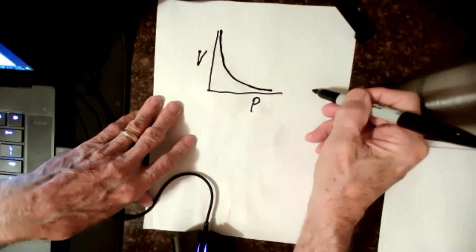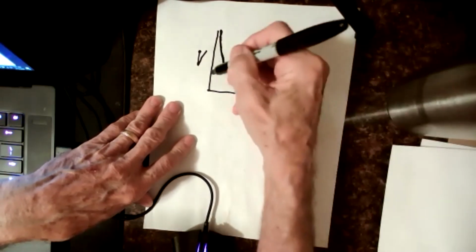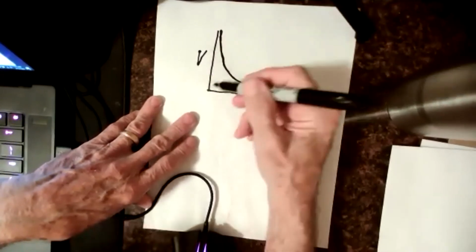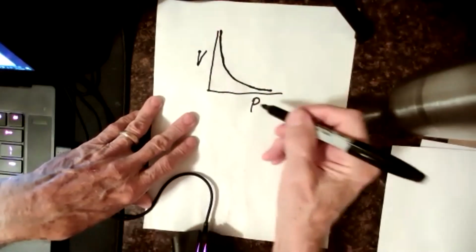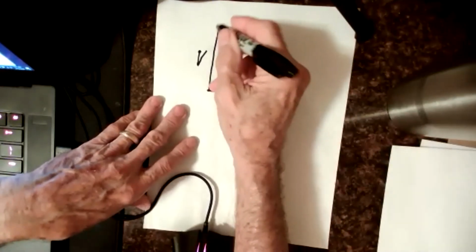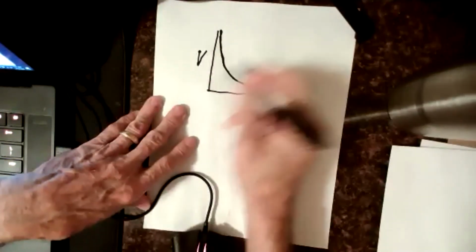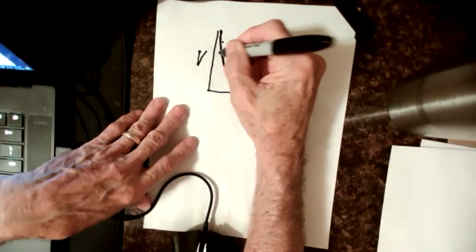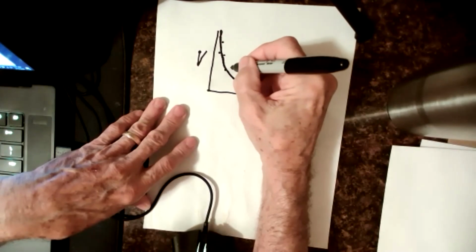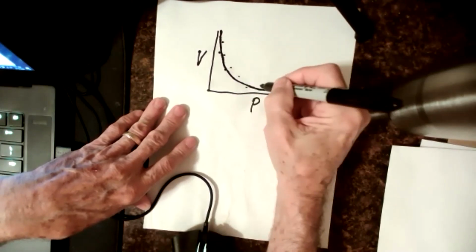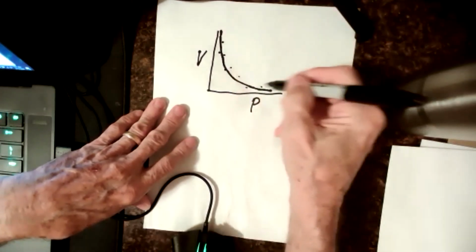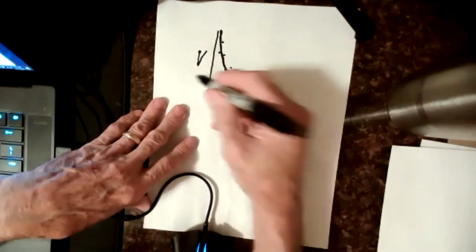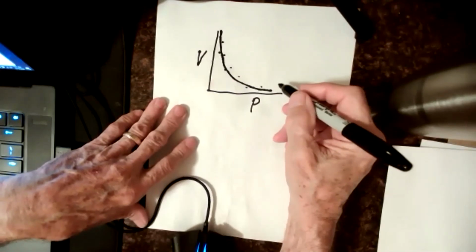This would go only to zero when you get to infinite pressure, and at zero pressure, the volume would go up to infinity as well and come out touching the line. So this is what it looks like. If you're taking data in the lab, you're going to get some scatter. And sometimes it's kind of hard to draw in the best fit line for that to verify Boyle's law holds.